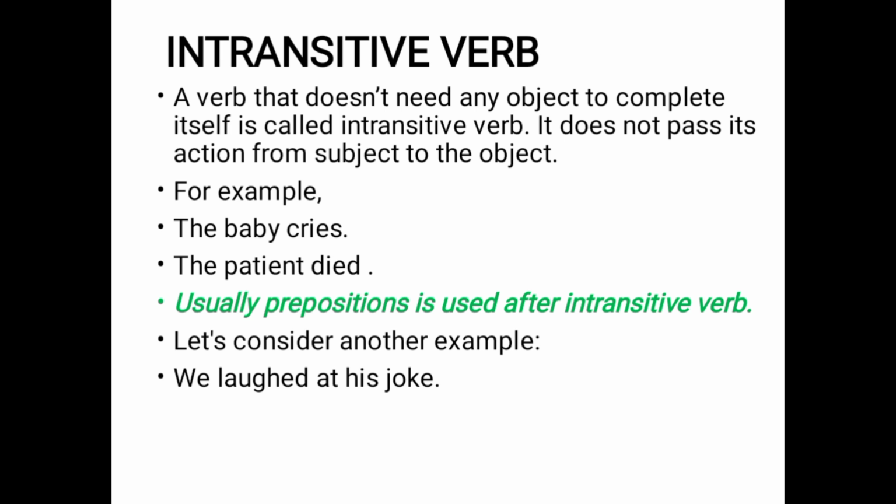So cries is an intransitive verb. It doesn't require an object. The patient died. The patient is the subject and died is the verb. Here there is no object, right? Even then the sentence is complete. Usually a preposition is used after an intransitive verb. Let's consider another example. We laughed at his joke.